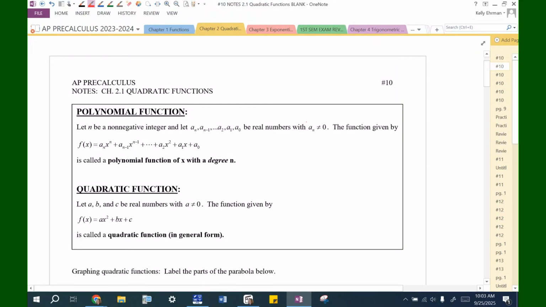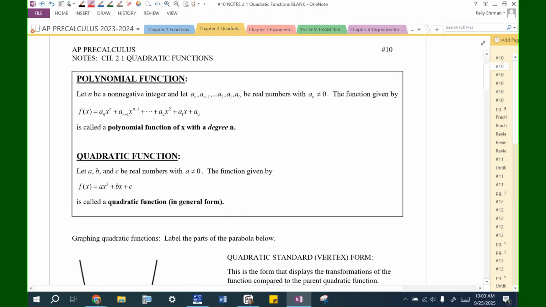First off, we need to know what a polynomial function looks like. Polynomial has all of these coefficients, and none of them would be 0 here. The function is given by this, where you have all these x's with exponents on them.